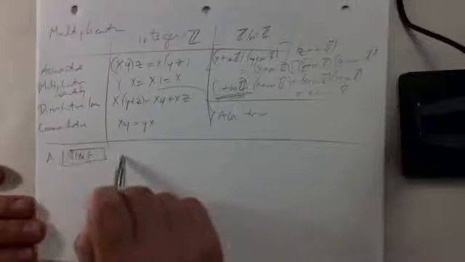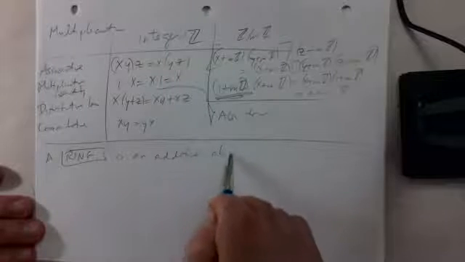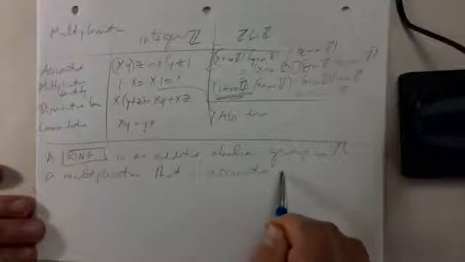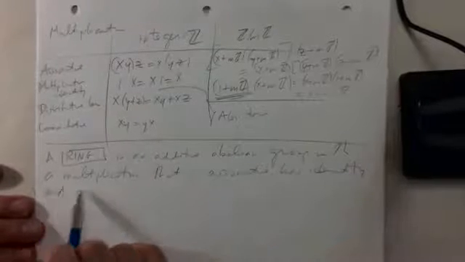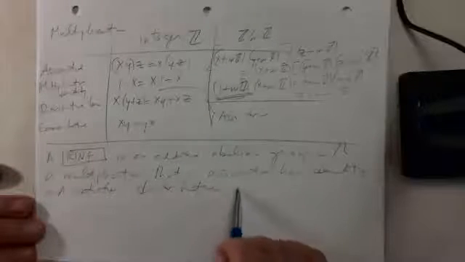So a ring is an additive abelian group with a multiplication operation that is associative, has an identity, and satisfies the distributive law.